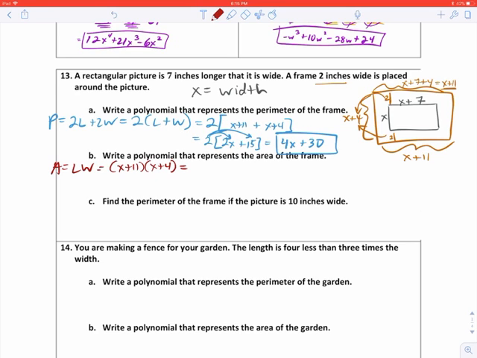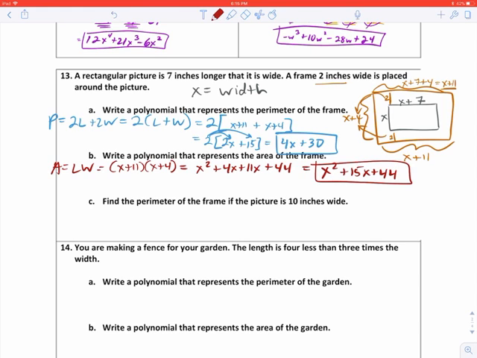This becomes a problem like a foiling problem or distributing of all the terms. You are going to get x squared plus 4x plus 11x plus 44. Let me simplify that and get x squared plus 15x plus 44. So that is the polynomial that represents the area of my frame.